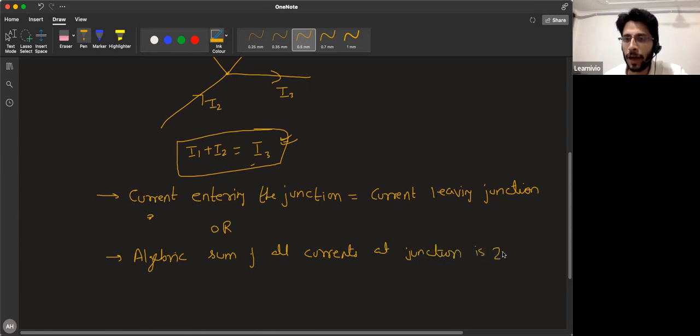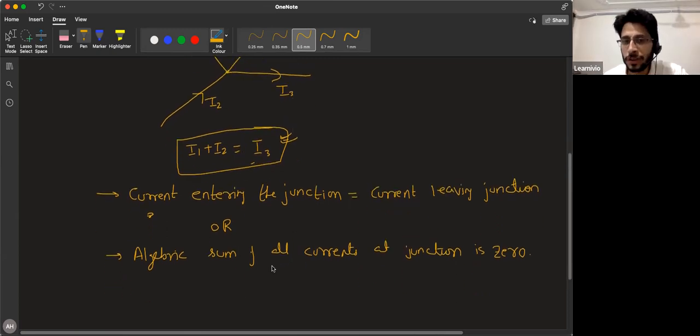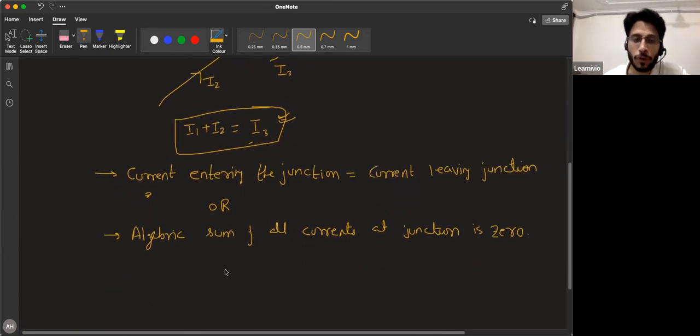So if you add up all currents at the junction, then they will add up to 0. That is the second form of the Kirchhoff law. But while using this second statement, you will use a sign convention. And that sign convention simply says entering current is positive.